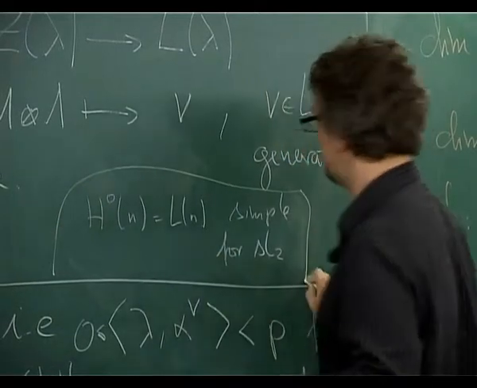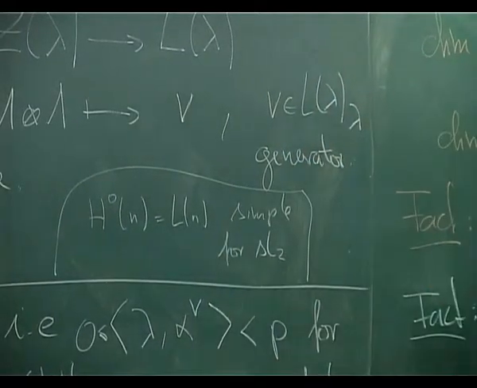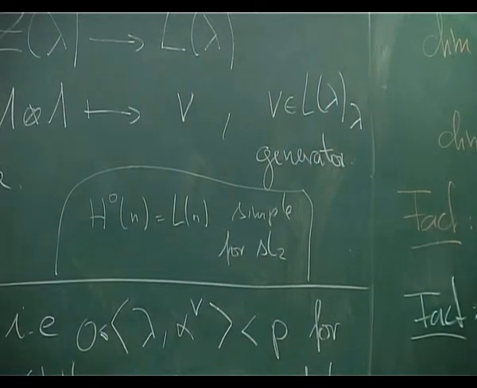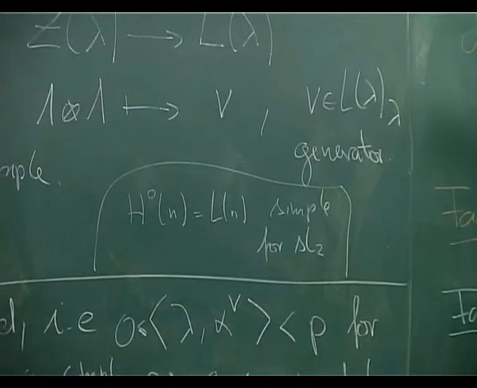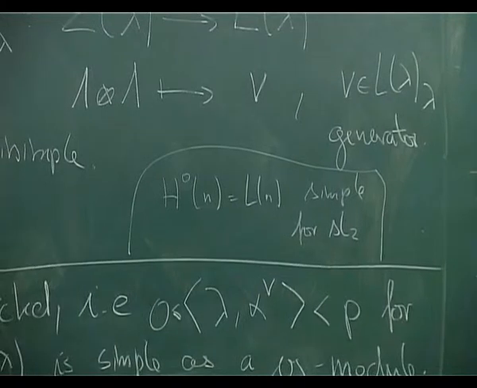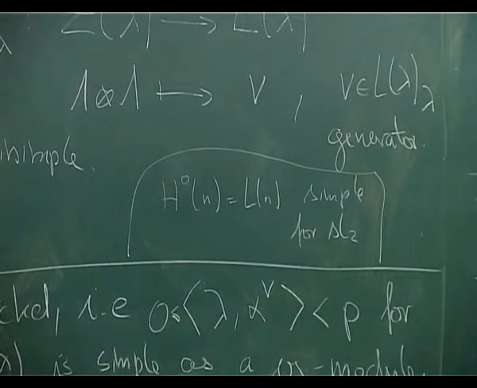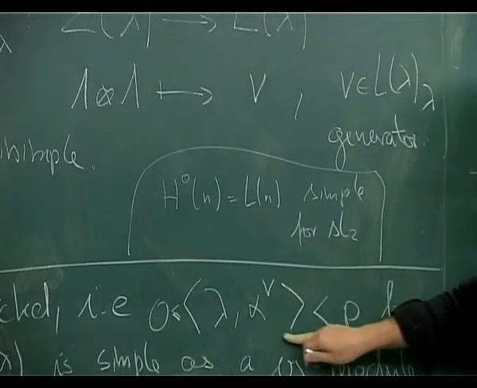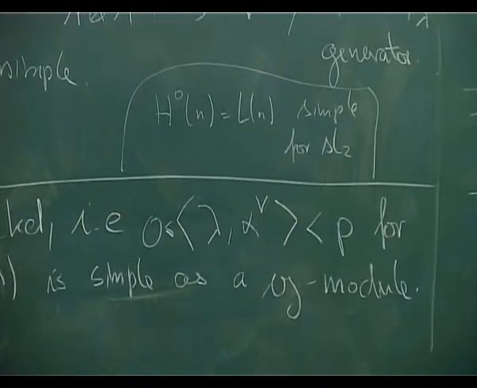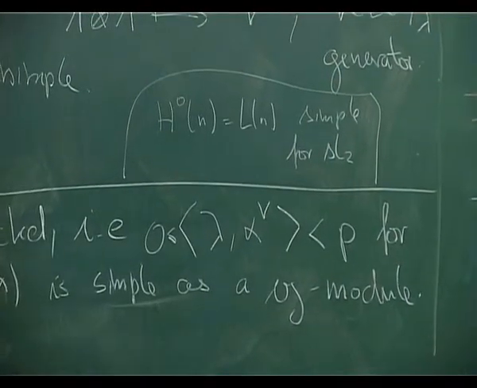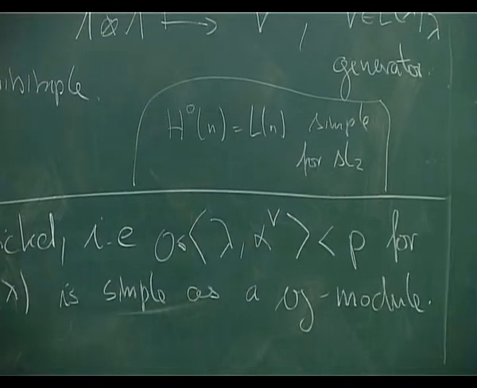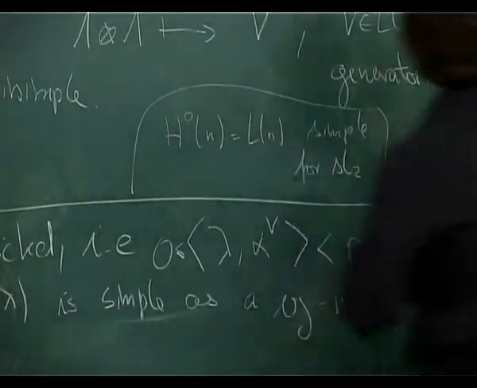We have seen it because these operators x d by dx and d by dy are non-zero. There's no exponent p coming down. So we're staying in a kind of safe area. We've seen it for SL2, and now it follows for arbitrary group.